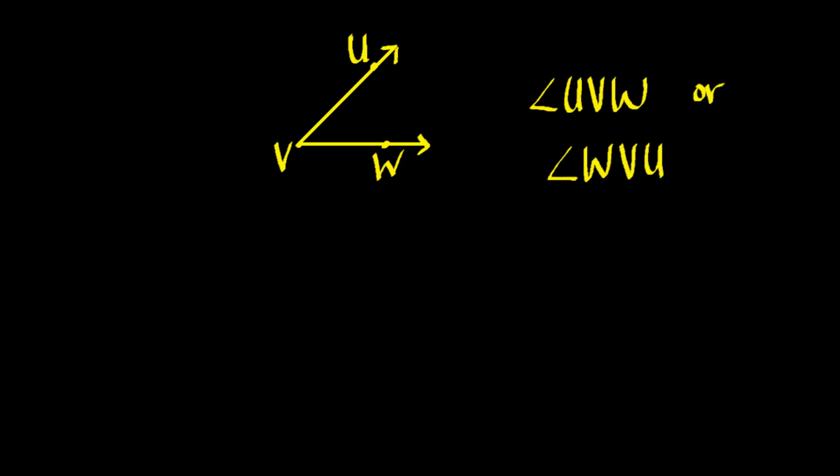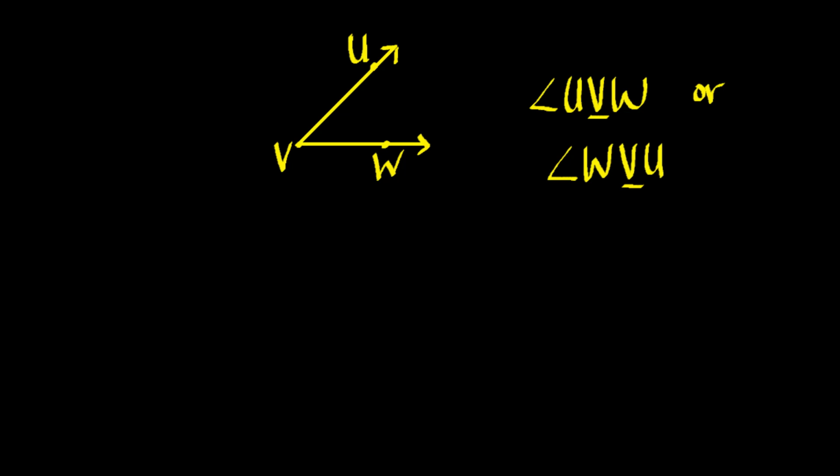Keep in mind that when naming angles in this fashion, the middle letter must also be at the vertex of the angle, and the other 2 letters must be on the different rays. We have ray VU and we have ray VW, and those are what form this angle UVW or angle WVU.